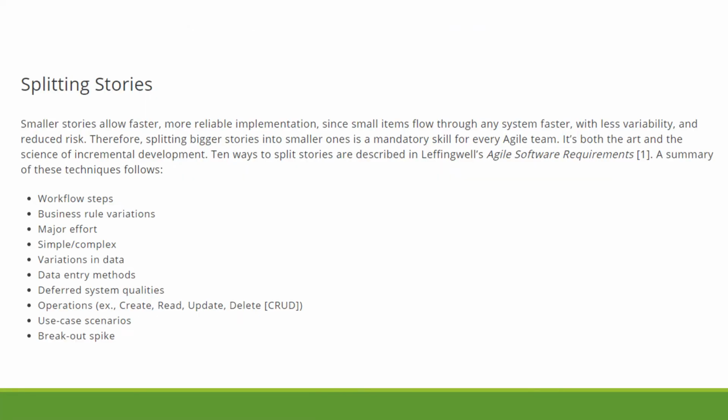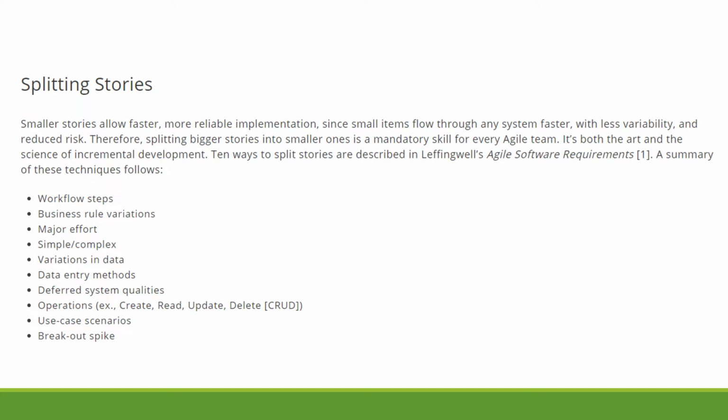Why are we splitting the story? We understood that we have to slice vertically, but why should I do that at all? The reason is simple: smaller stories allow faster and more reliable implementation, since small items flow through any system faster with less variability and reduced risk. Therefore, splitting bigger stories into smaller ones is a mandatory skill for every agile team. It is both an art and a science of incremental development.